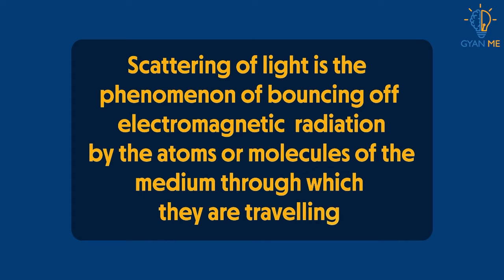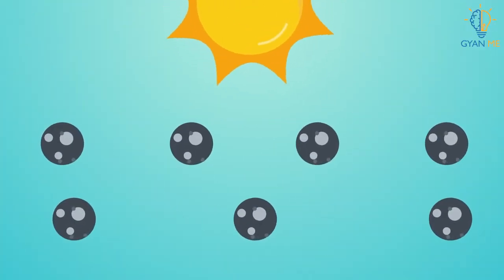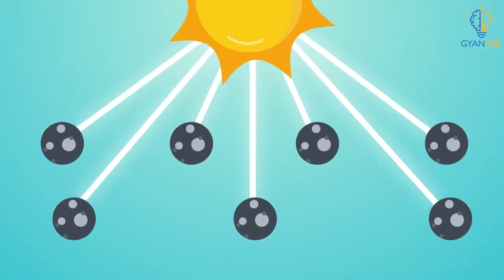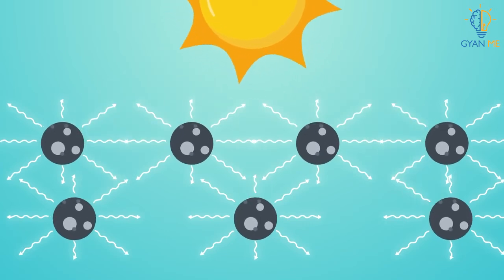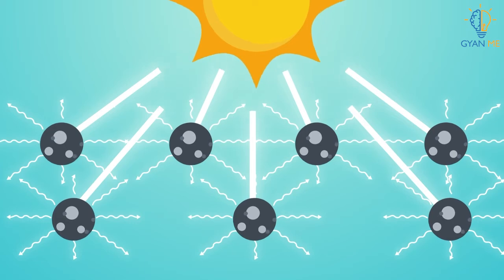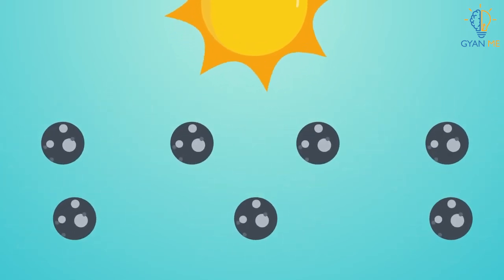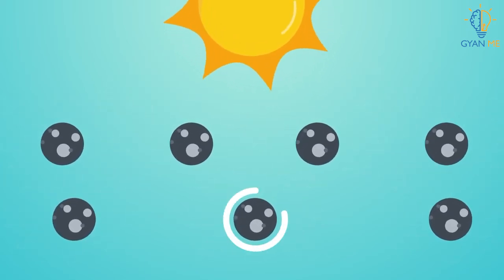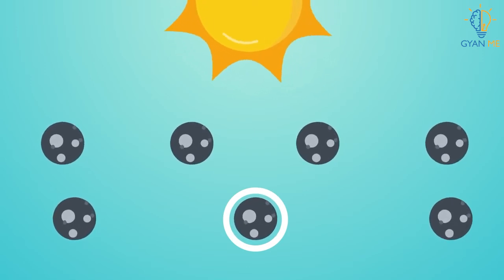So when light travels through a medium, it bounces off in many directions after striking the particles in the medium. Precisely, the light gets absorbed by the molecules of the medium, which later re-radiates the light in different directions. The atoms or the particles that scatter the light are called scatterers.